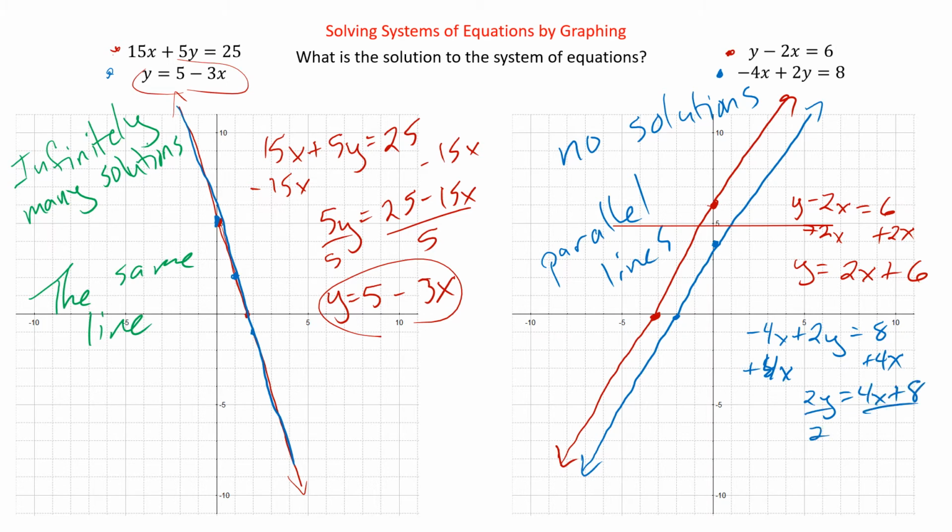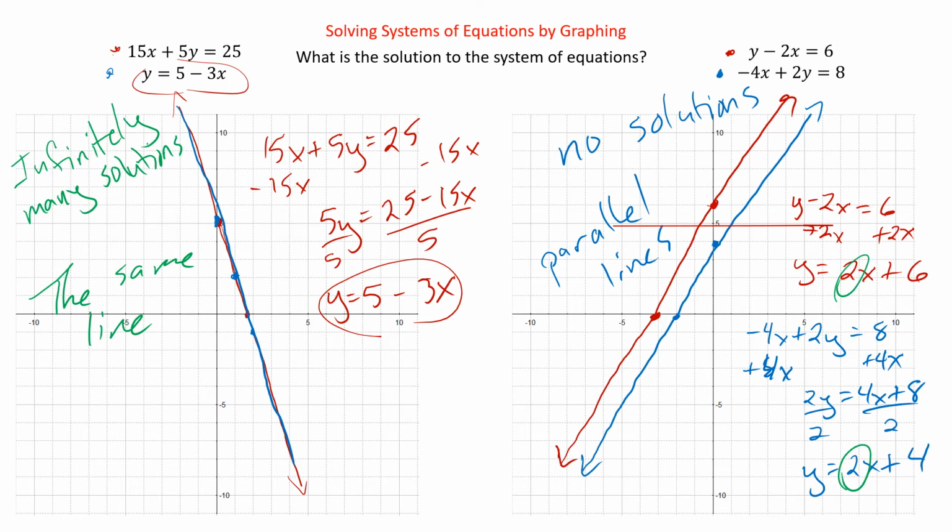Divide everything by 2. y equals 2x plus 4. Now, how can we tell that lines are parallel? Parallel lines have the same slope. In this case, the slope of both of these is 2. So these lines are parallel, and so they'll never intersect.